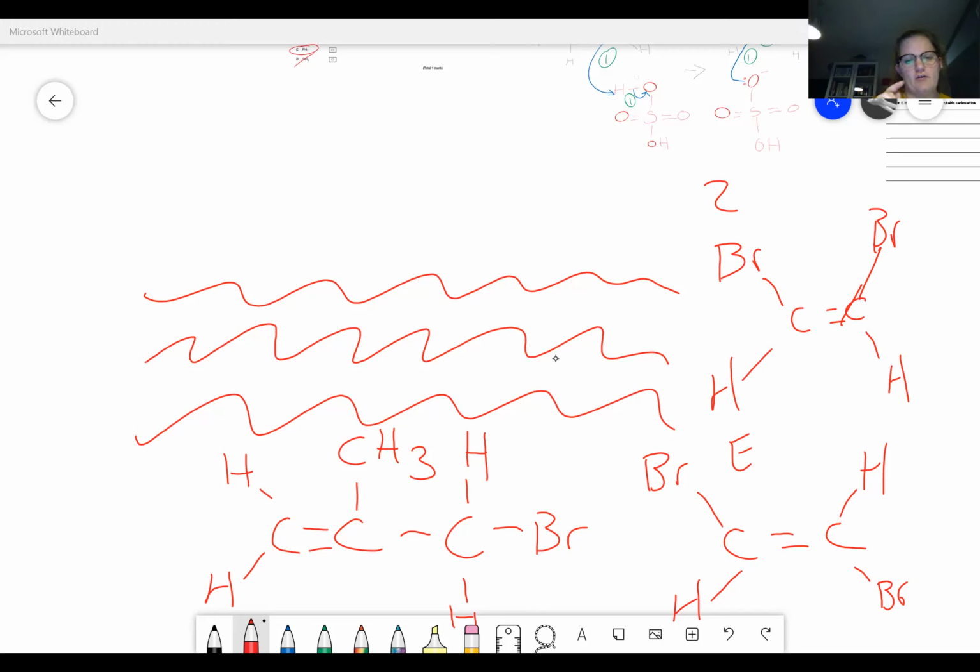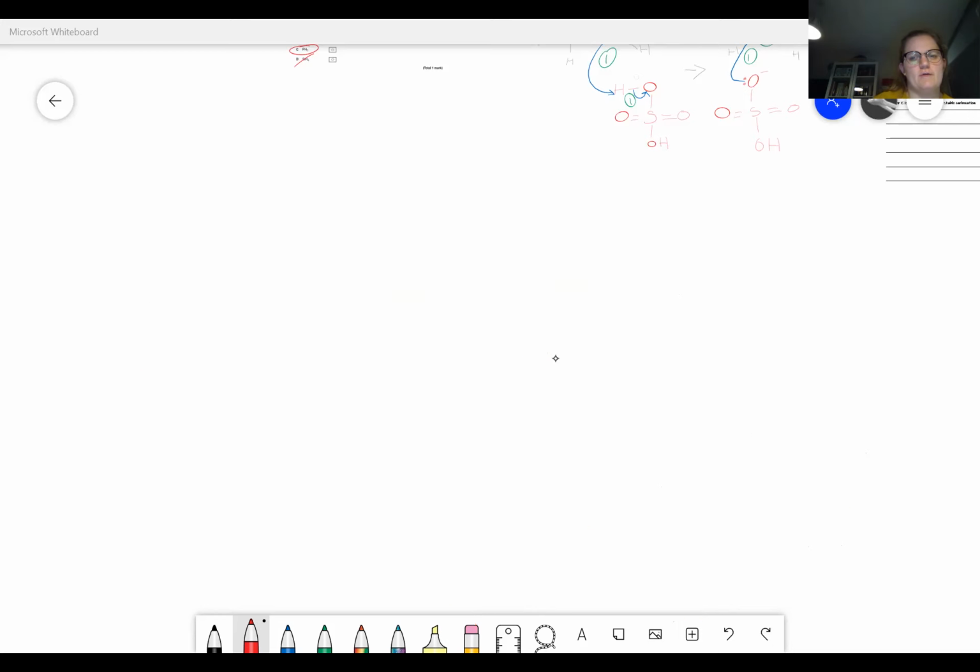It's where basically you've got your higher priority groups next to each other. And this can't do that. So let's clear that. It can't do EZ isomerism, so it is that one. I hate those ones when you have to try and explain it that way. So let's have a look at number 4.